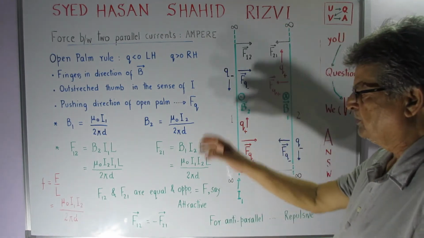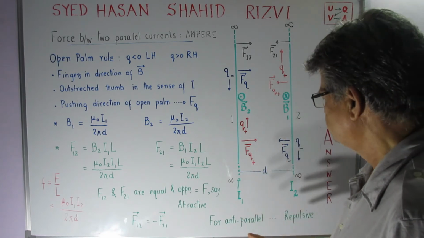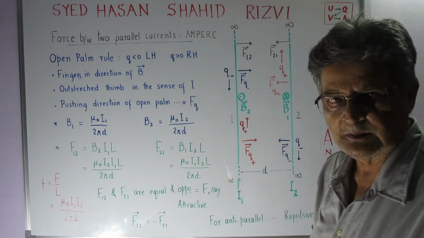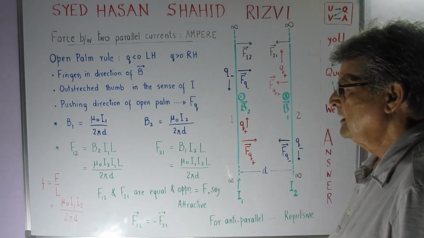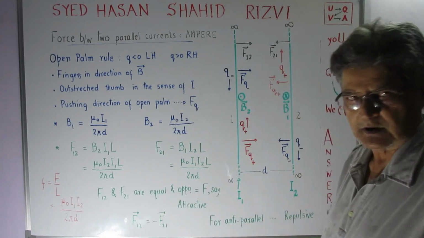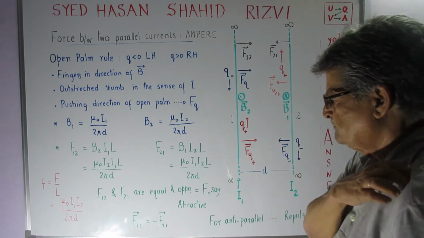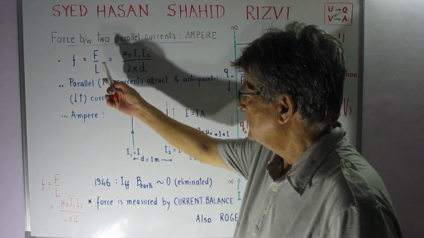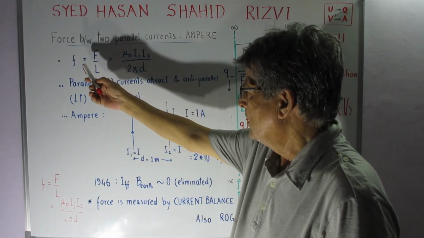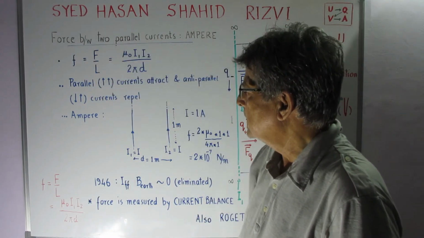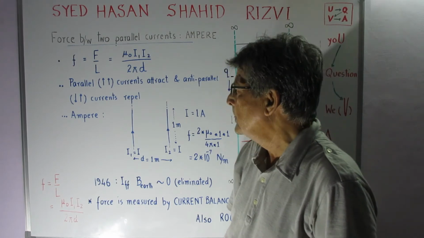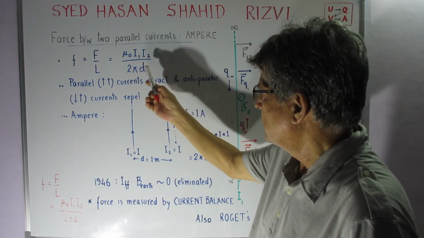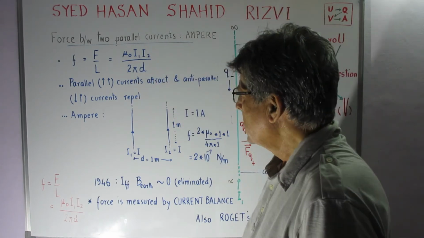I am running out of space. Next I am going to discuss many things about it and then push for the definition of Ampere. So we have this formula, the force per unit length, small f is equal to F upon L in newtons per meter, and the formula is mu naught I1 I2 upon 2 pi d.